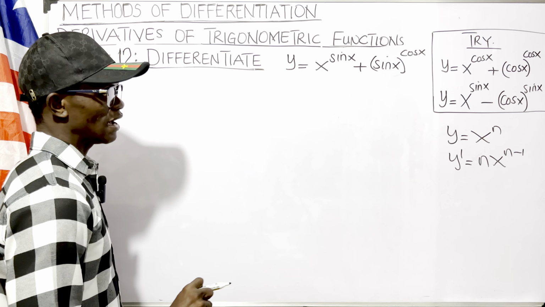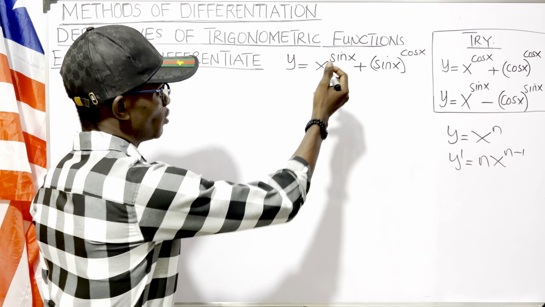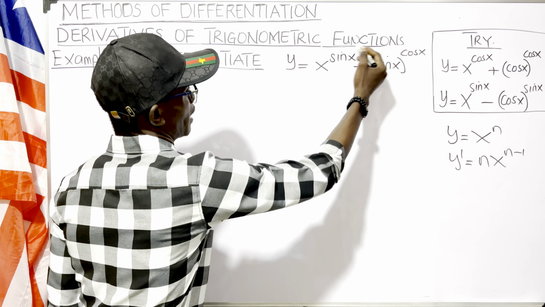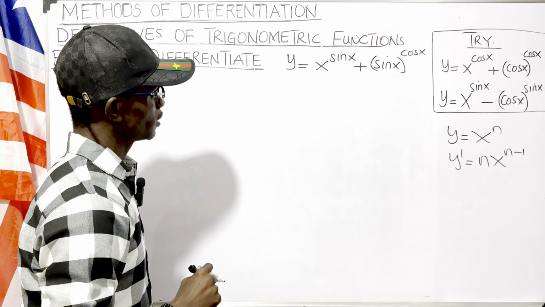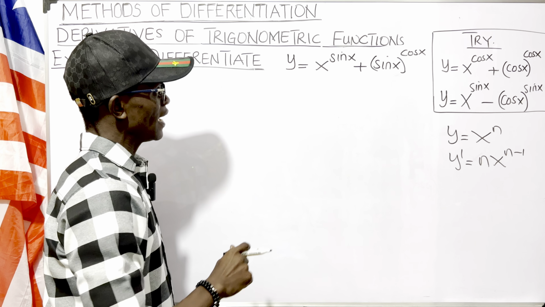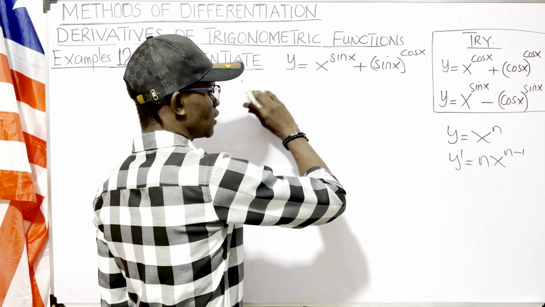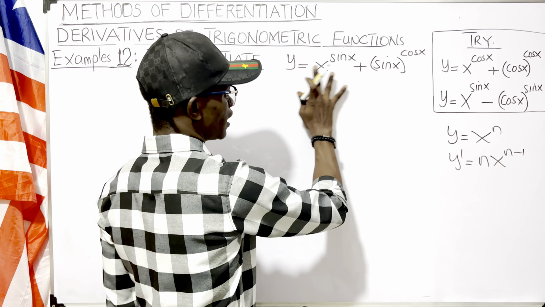So we have to use natural logarithm to bring these exponents down. But in the previous lesson, we had two terms, one on the left and one on the right, so we could easily take the ln on both sides.